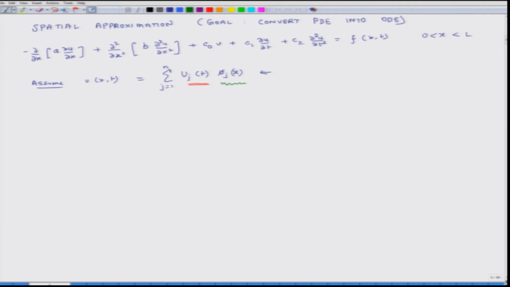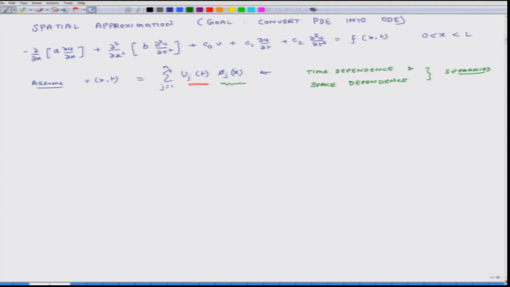The second thing we have assumed here is that the time dependence and space dependence are separated.